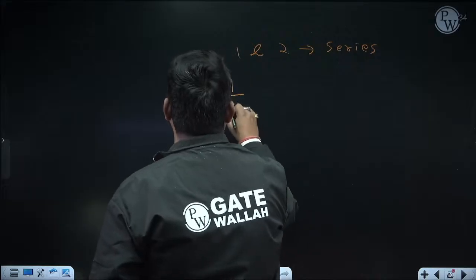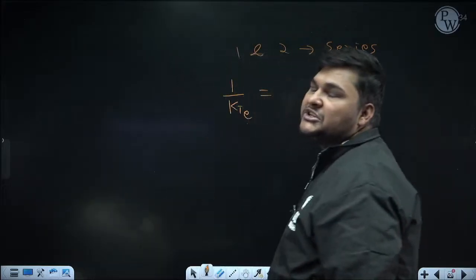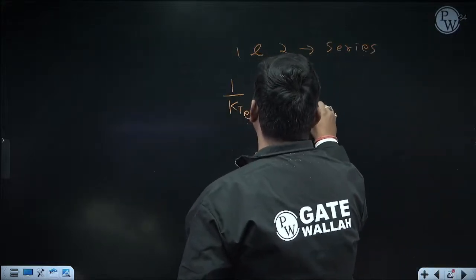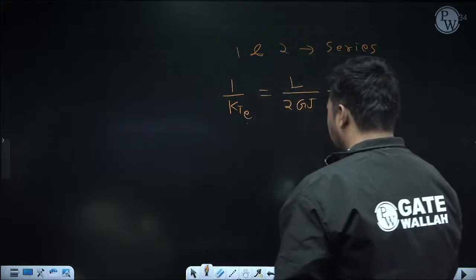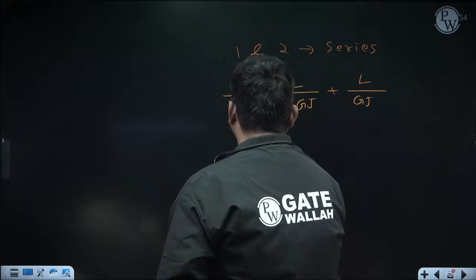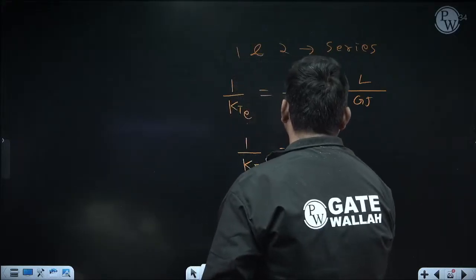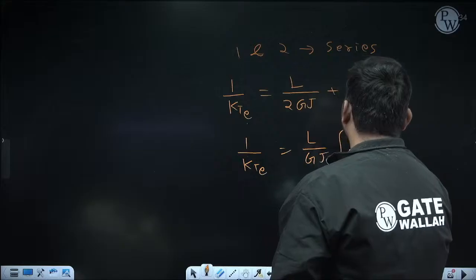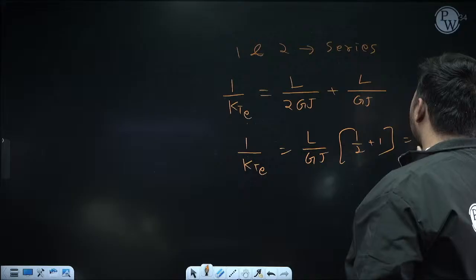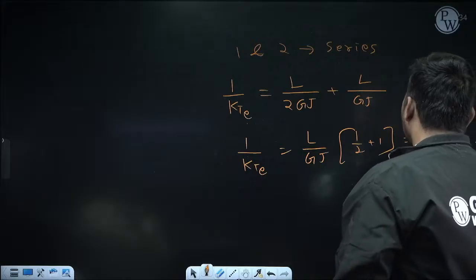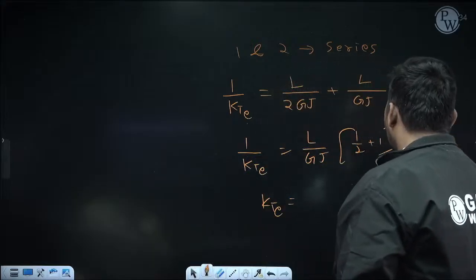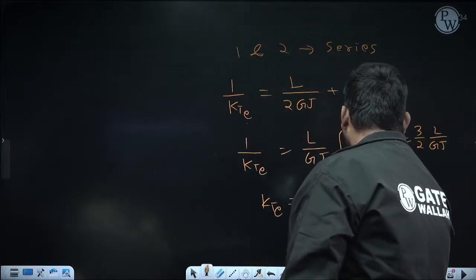Okay, so 1 upon KT equivalent, because in series we use the reciprocal formula, will be equal to 1 upon KT1, where KT1 is 2Gj upon L, plus 1 upon KT2, and KT2 is Gj upon L. So 1 upon KT equivalent will be equal to L upon Gj common, so it is 1 by 2 plus 1, it will be 3 by 2 L by Gj. So KT equivalent will be 2Gj by 3L.